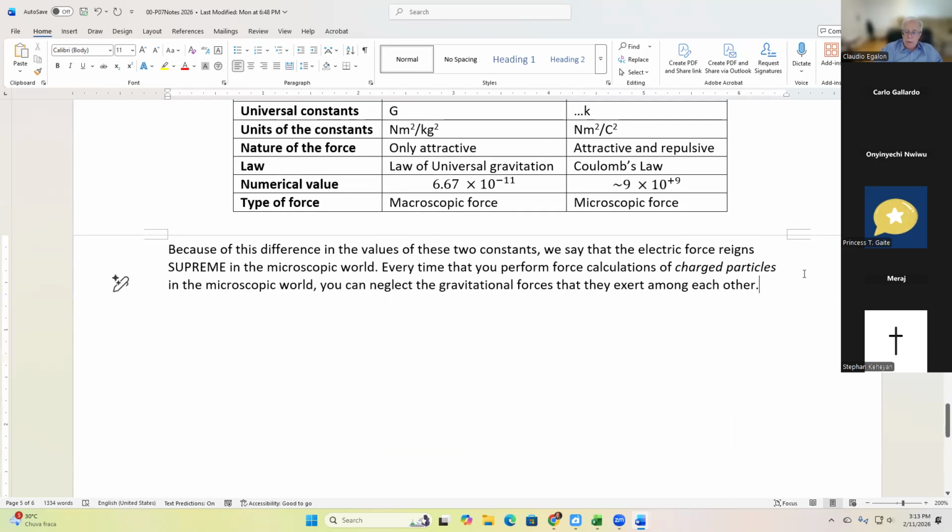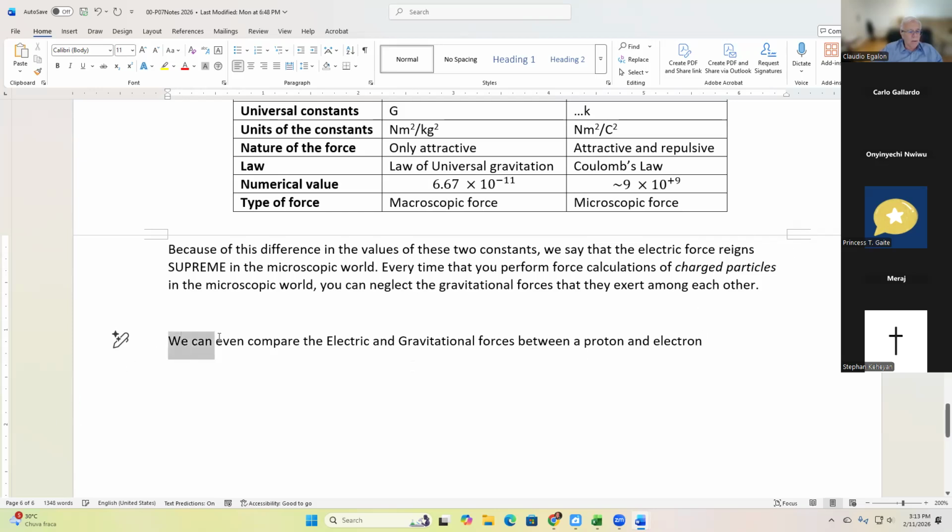We can even compare the electric and gravitational forces between a proton and electron. Okay, let's do that.